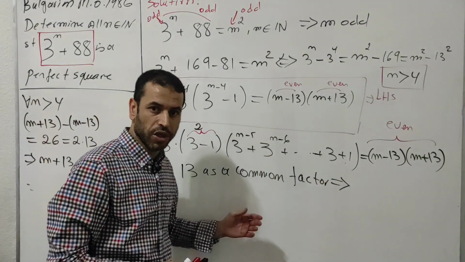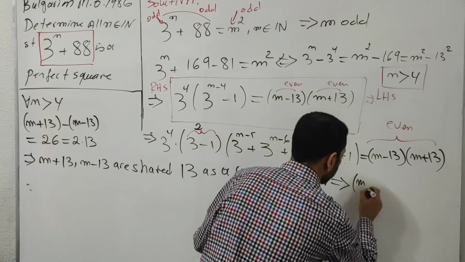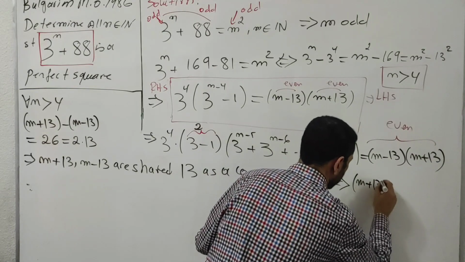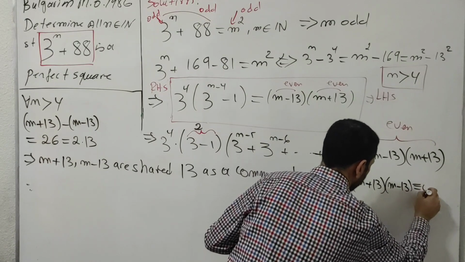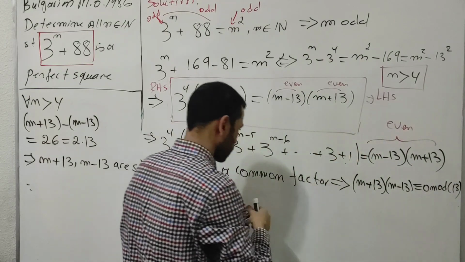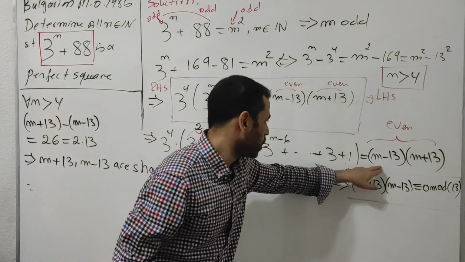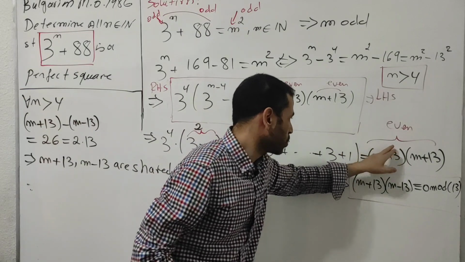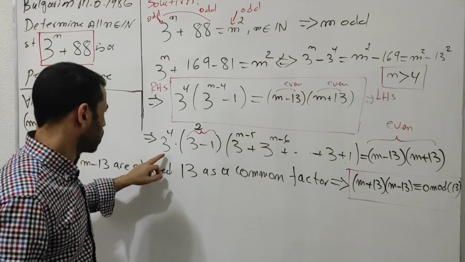By using the congruence definition, this is telling us the product (m plus 13) multiplied by (m minus 13) is congruent to 0 mod 13. Okay, here is the first statement. Since we have equality and these two terms are even, this number is even as well, 162.